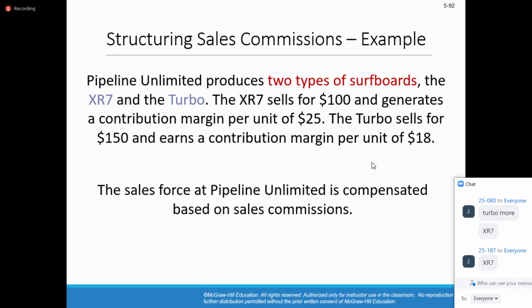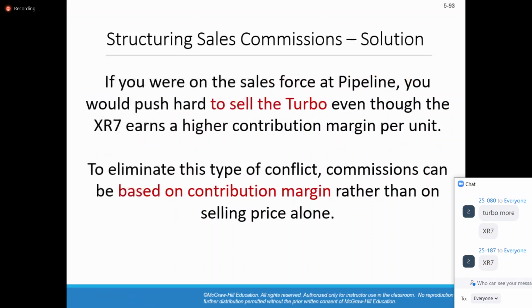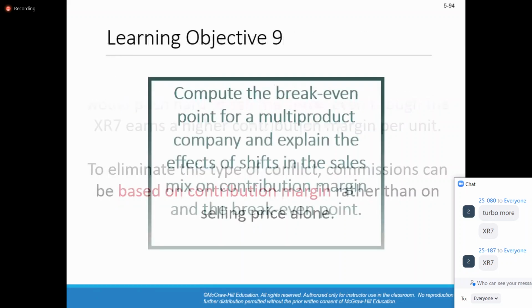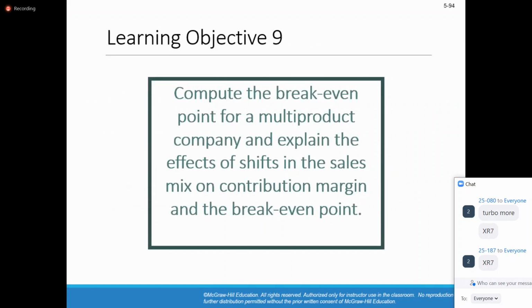So what we need to do is give the sales commission based on the contribution margin rather than the sales price.